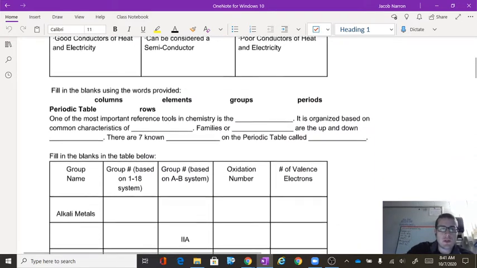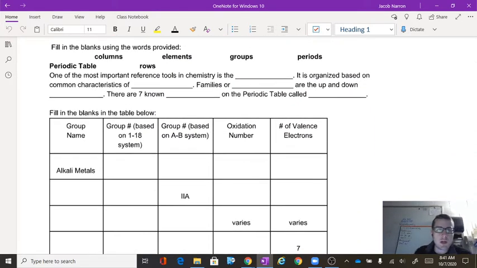Next one, it says fill in the blanks using the words provided. One of the most important reference tools in chemistry is the periodic table. Duh. It is organized based on common characteristics of elements, probably.